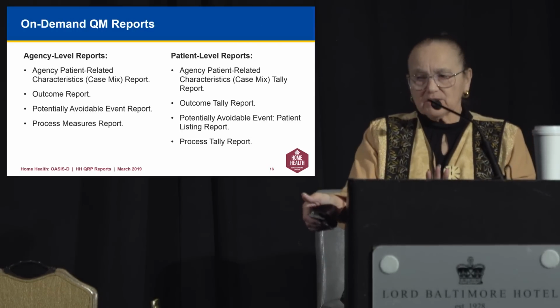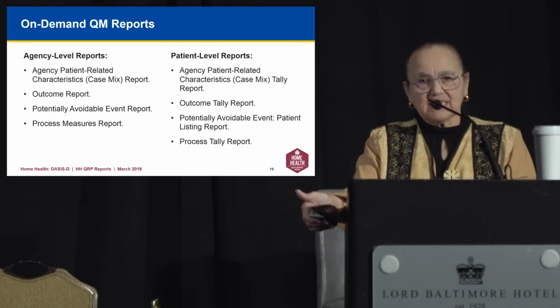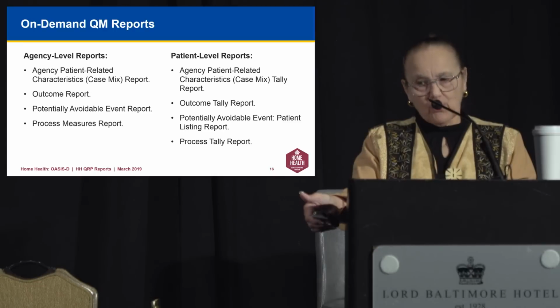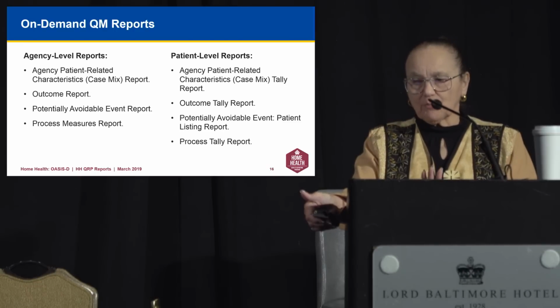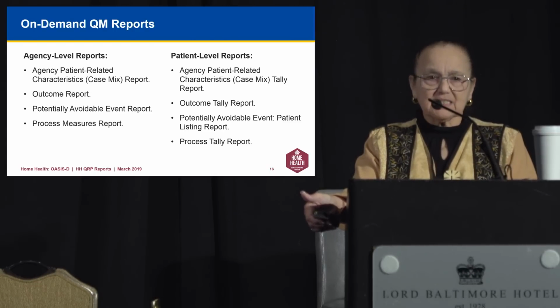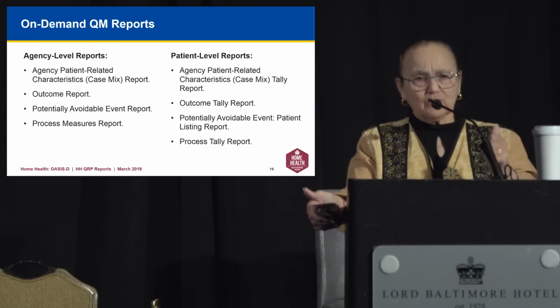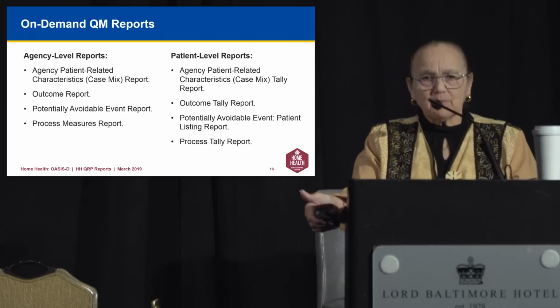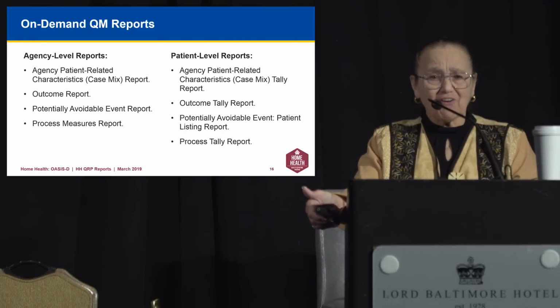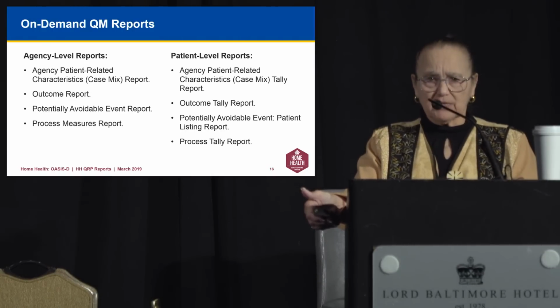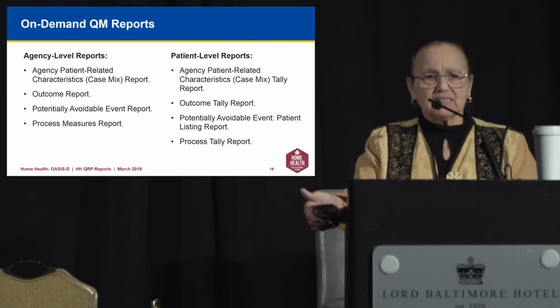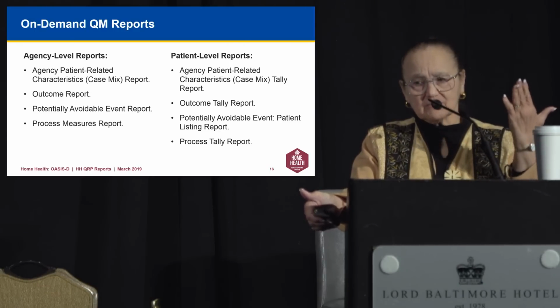The on-demand quality management reports, as we said, break down into two groups. You have agency-level reports. This includes your patient-related characteristics, which is really a thumbnail of what your caseload looks like. We're going to talk a little bit more about this one because I find this to be extremely useful for an agency to hold a mirror up to themselves.